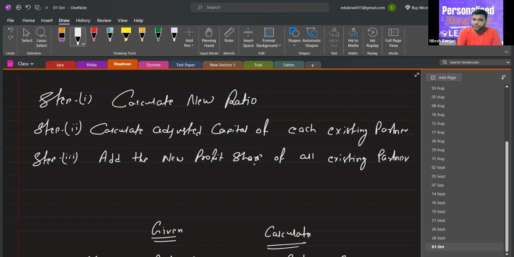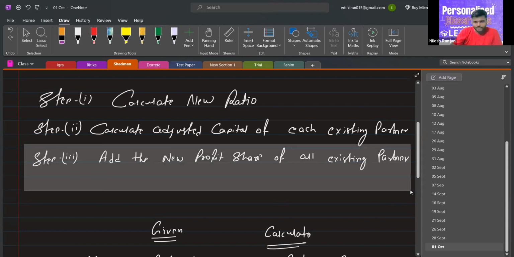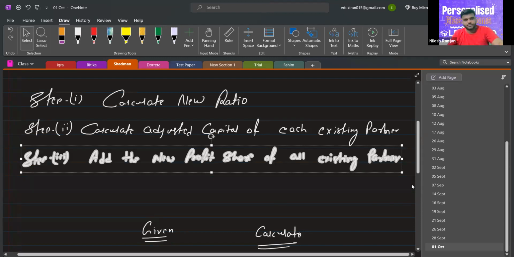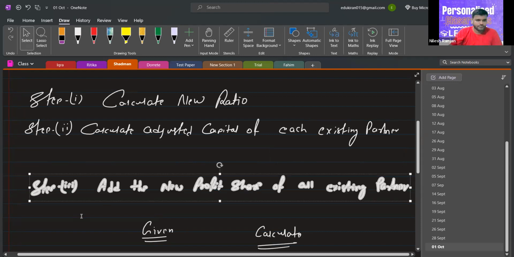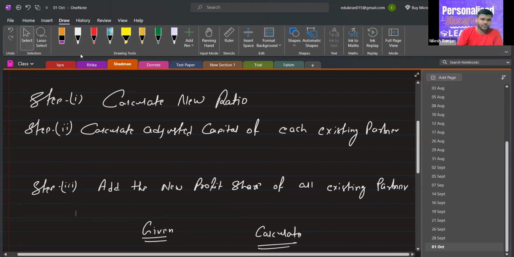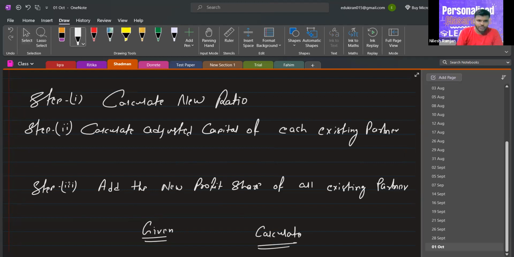Step 3, add the new profit share. This will be step 2, sorry. This is step 4.